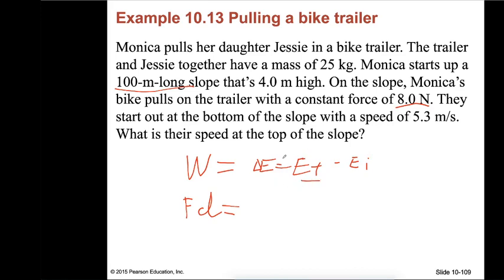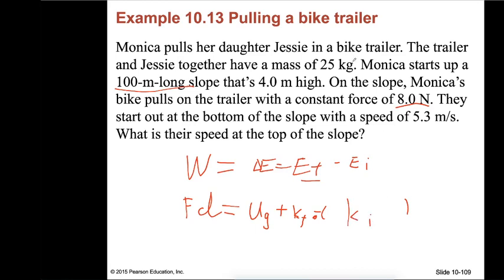The final energy is gravitational energy, because it's getting higher by 4 meters, plus K final, the final kinetic energy, subtracted by the initial energy. So what is initial energy? It's K initial.